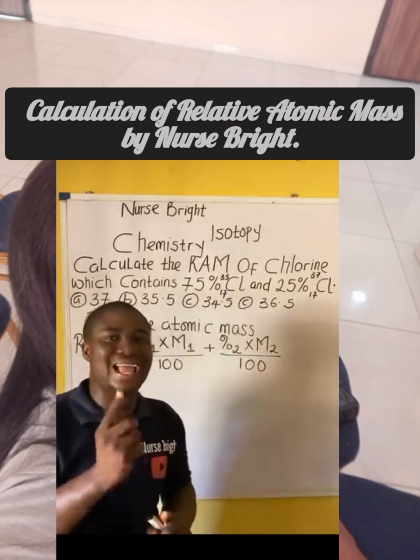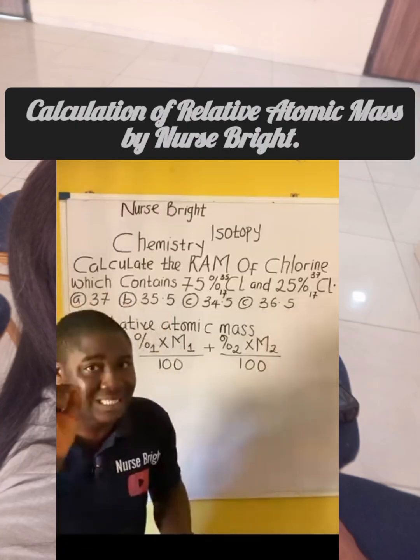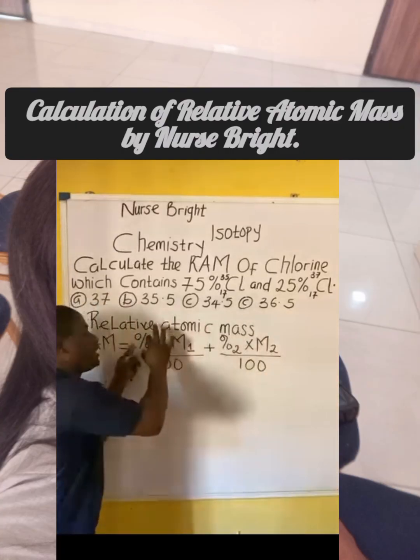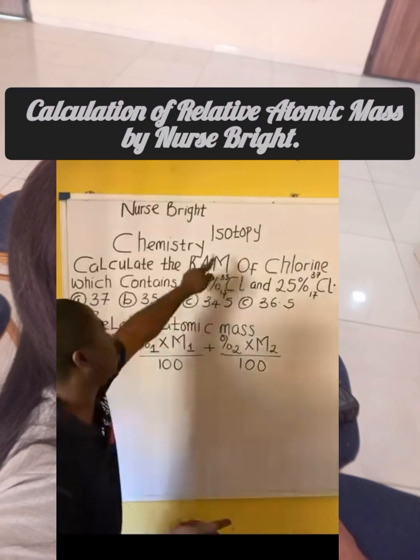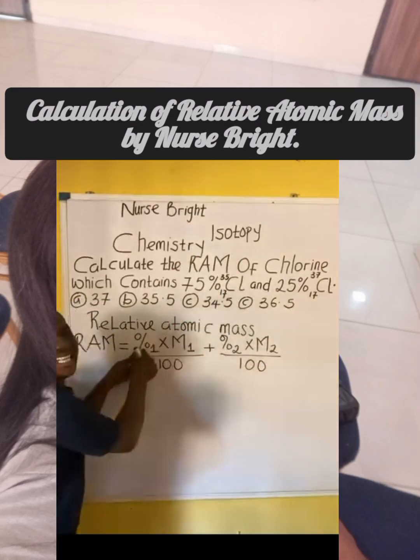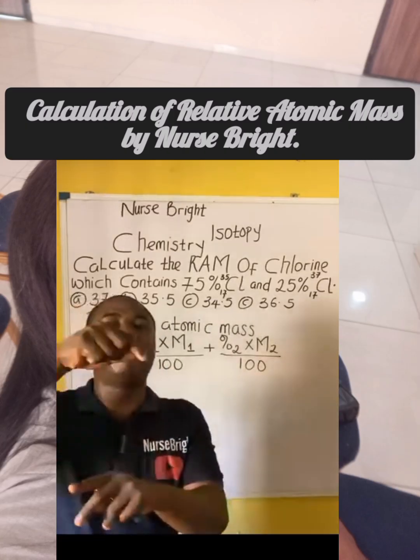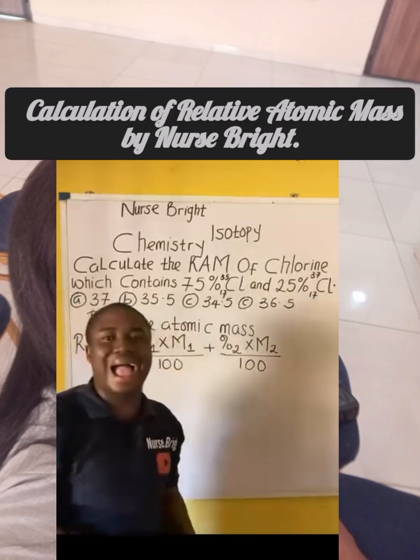So RAM is equal to percentage 1. Percentage 1 here means percentage abundance. In this topic, isotopy and relative atomic mass calculation, it means percentage abundance of the first isotope.